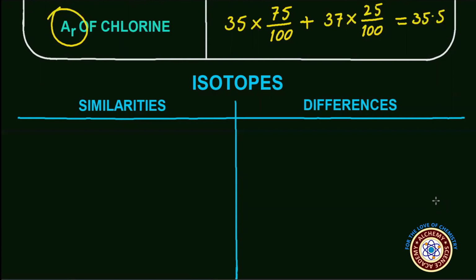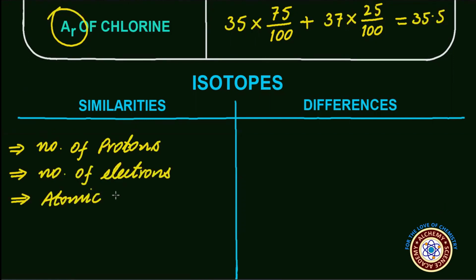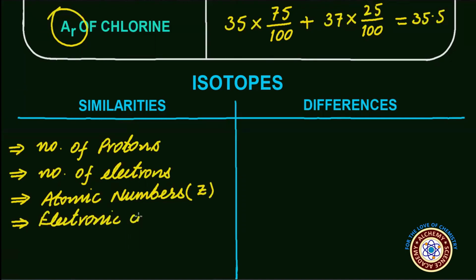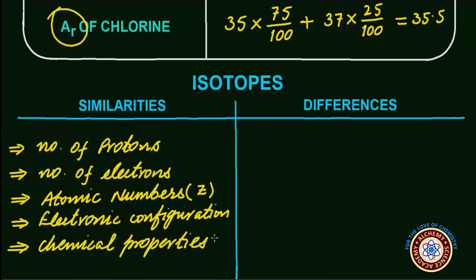Isotopes have a similar number of protons. They have a similar number of electrons, similar atomic numbers, that is Z. They have a similar electronic configuration, and they have identical chemical properties.